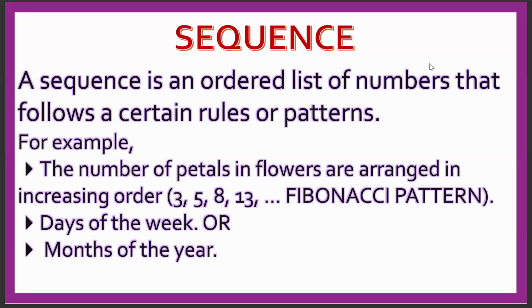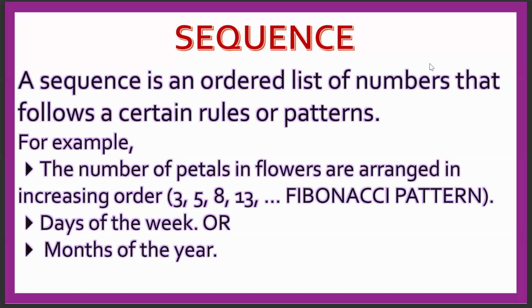For example, the number of petals in flowers are arranged in increasing order, that is 3, 5, 8, 13. That is the Fibonacci pattern. This is very important. In the last session, I discussed the Fibonacci pattern, and through that the quotient, the golden ratio, which was a very important pattern.